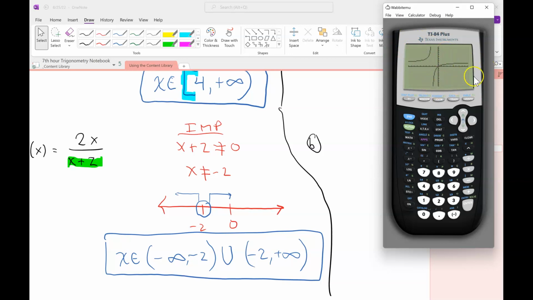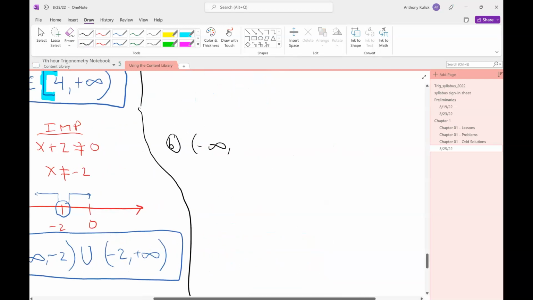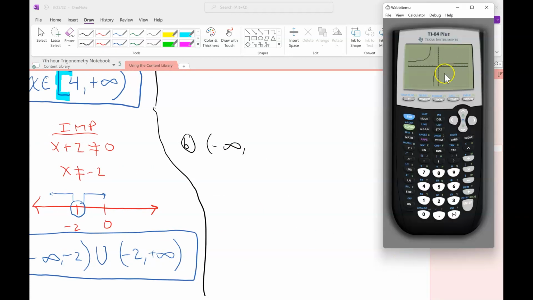Looking at the lower piece, what's the lowest y coordinate, or smallest y coordinate? Is this going down forever? Negative infinity. Okay. Now let's look at this other end.